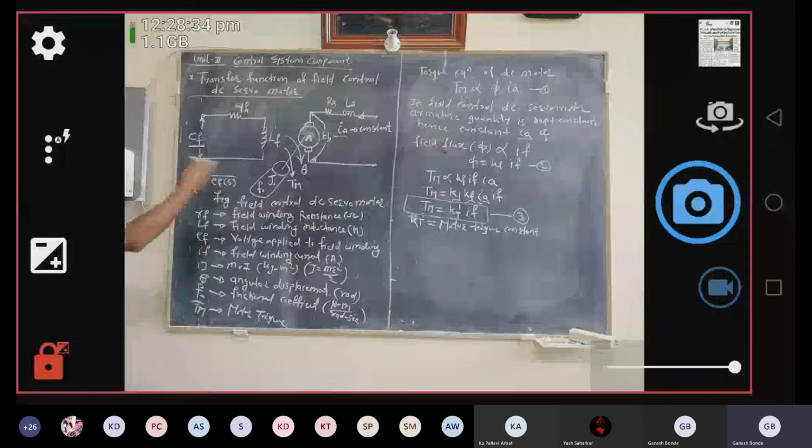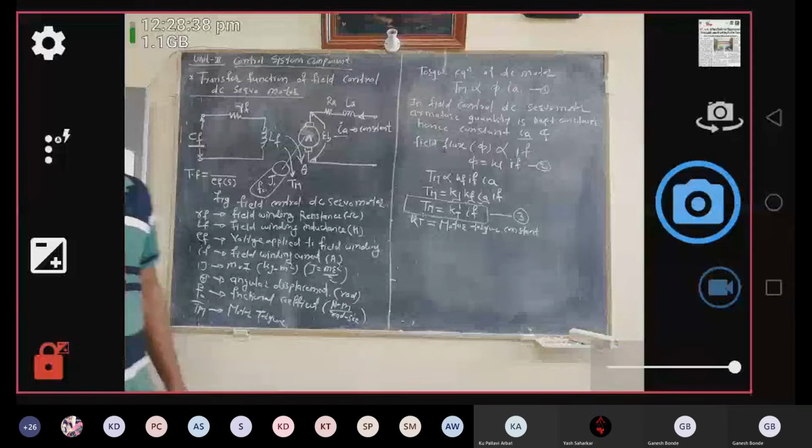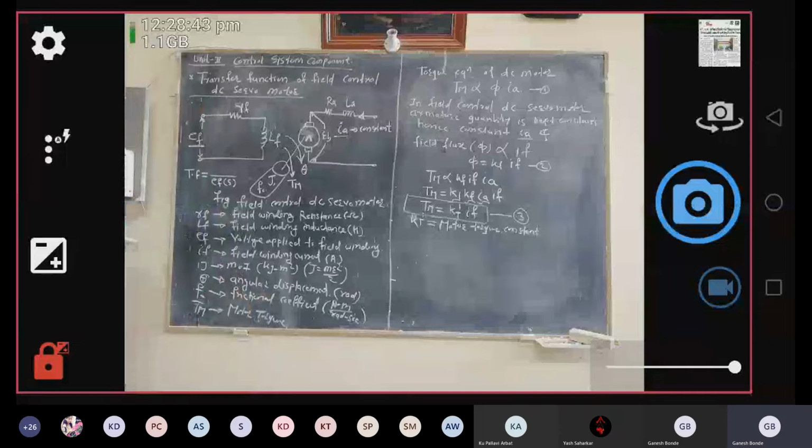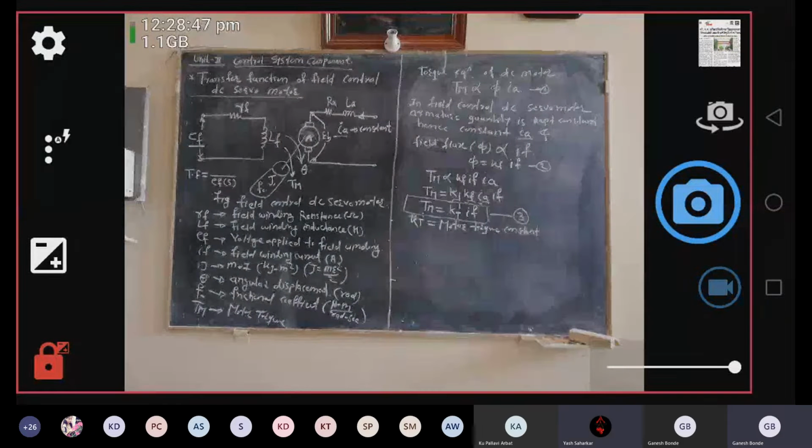And what is the output? What is the output of the motor always?